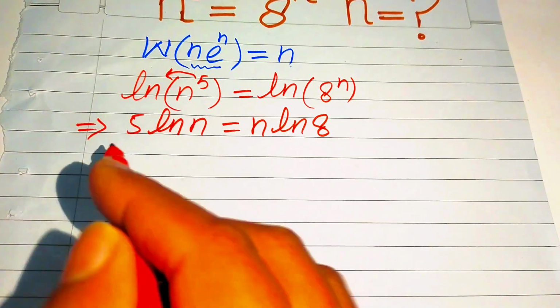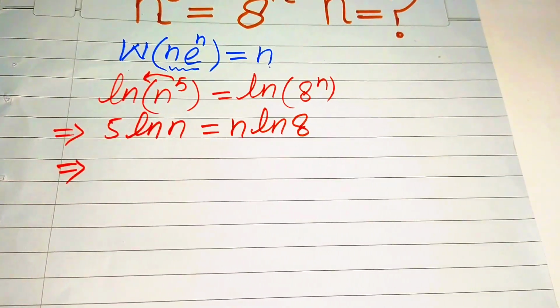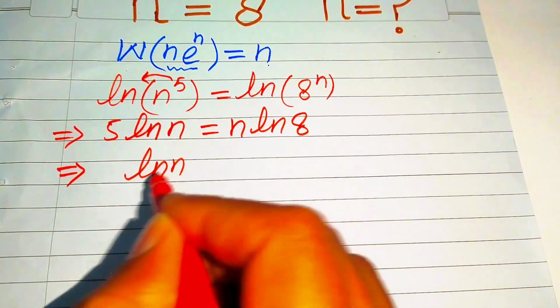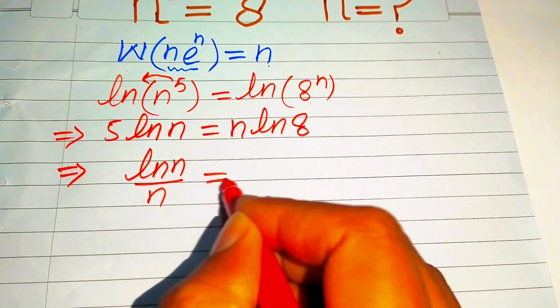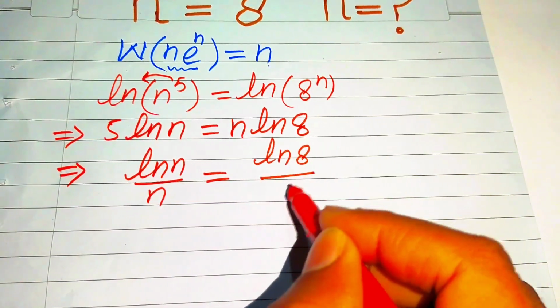Here we move the terms involving n to the left hand side and all the other terms to the right hand side. So we move n to the left, and it becomes log n over n, and we move the 5 to the right, and it becomes log 8 divided by 5.